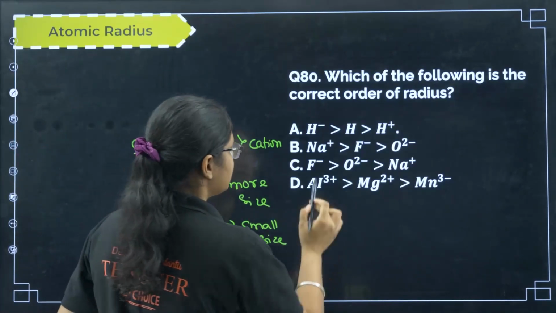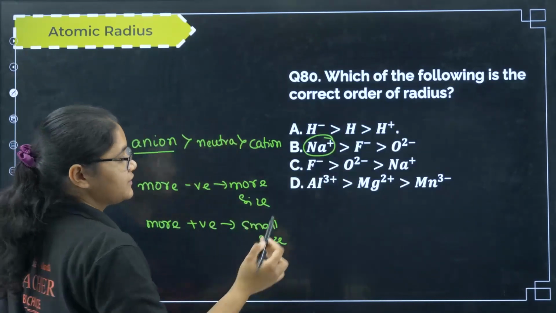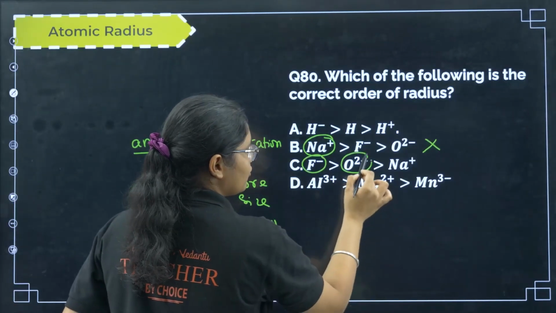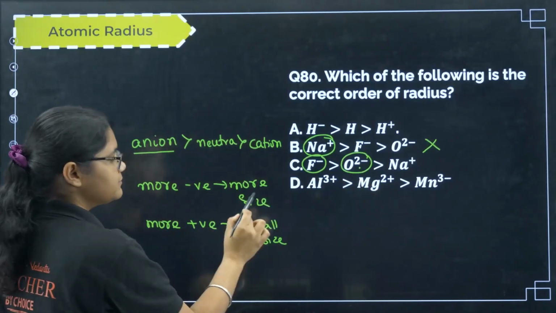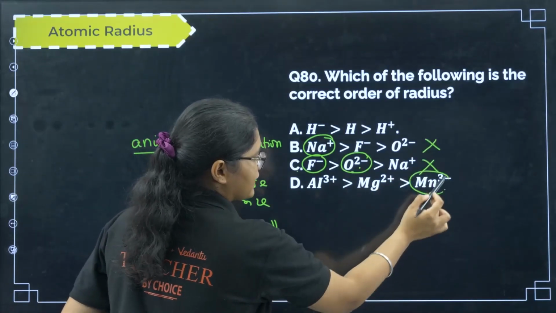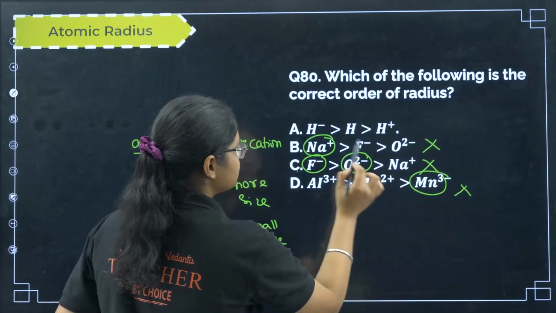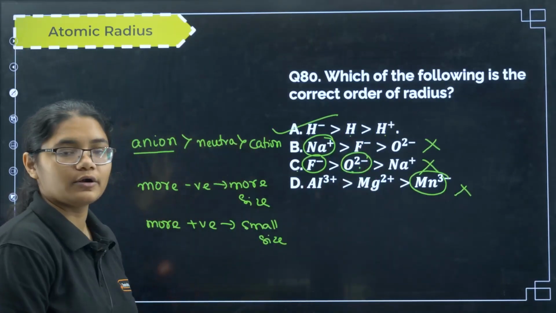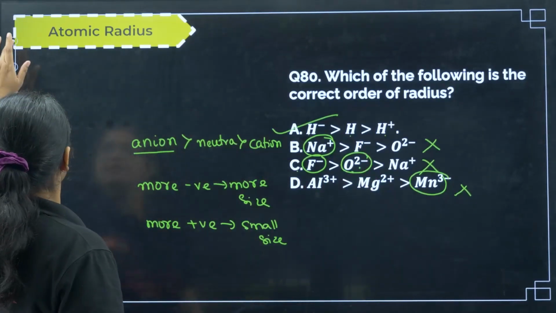So here you can see a cation cannot be larger than an anion, so it is wrong. Here I can see an anion is there, but this has more negative charge, right? More negative charge means more size, so O2 minus should come first. Here again negative charge should be at the start, so this is also wrong. Here I can see negative, neutral, positive, so that is the correct order, option number A here.